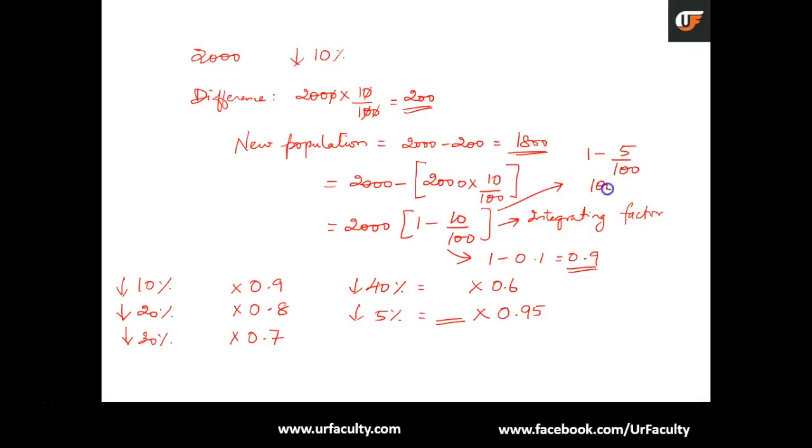So you get 100 minus 5 by 100, which is equal to 0.95. You should assume that the decimal portion is 100 and then subtract the percentage value.